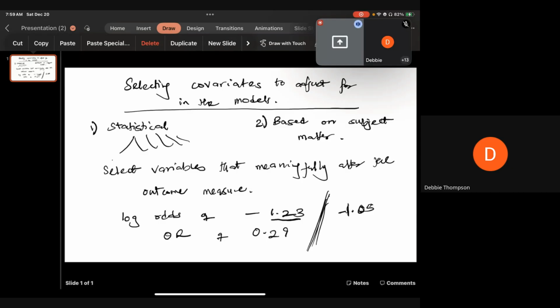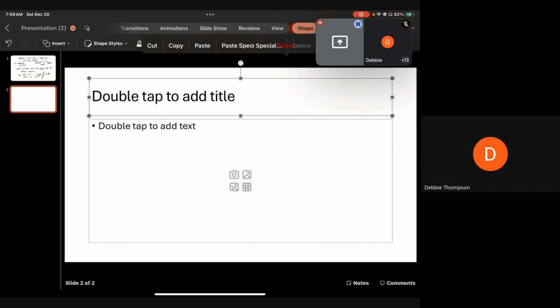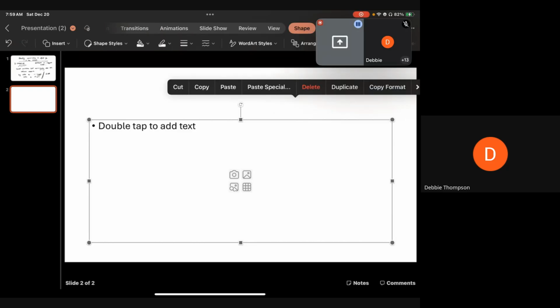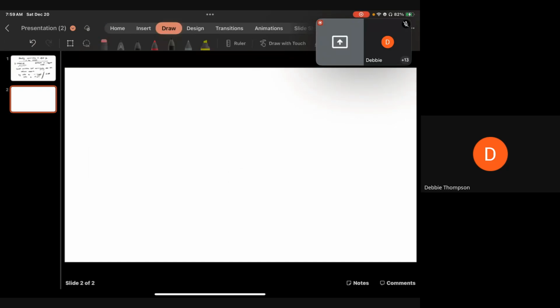Now, in statistical adjustment, the question usually is, how do you choose which variables to adjust for? This is the approach by these two people.